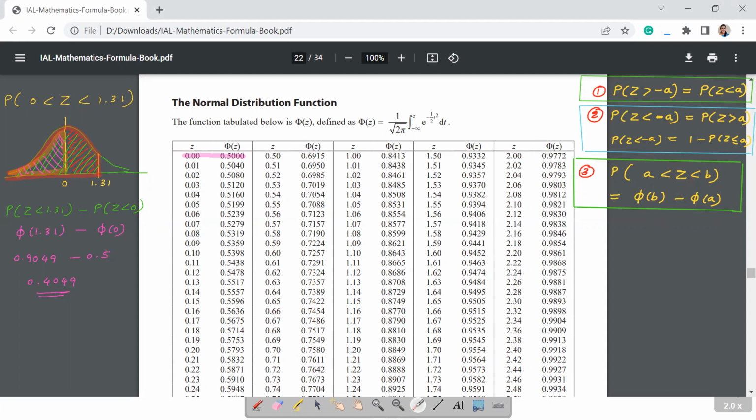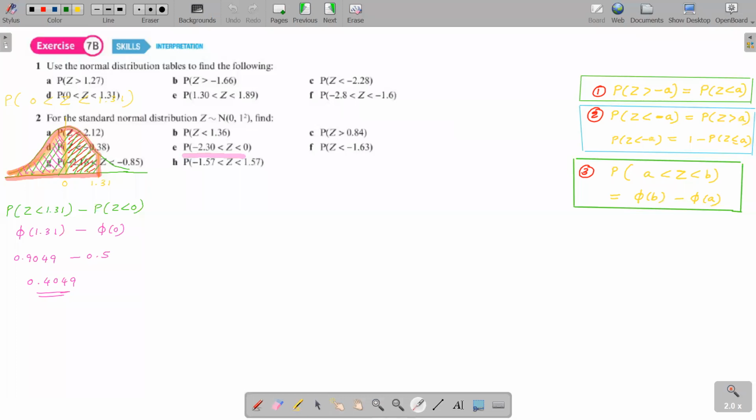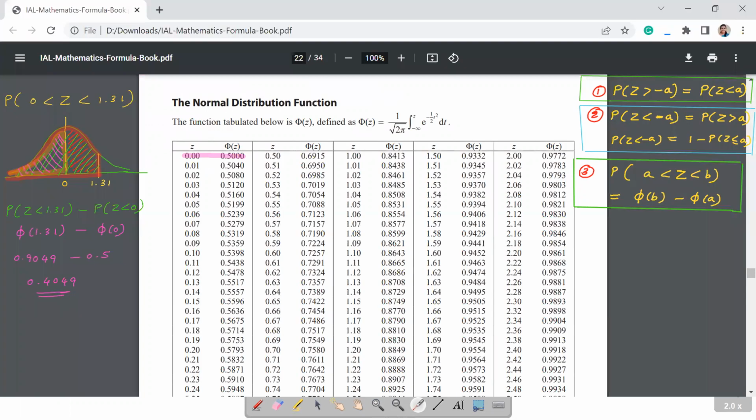Okay, so next question. Pretty much the same, right? Probability Z between 1.30 and 1.89. So let's do this.